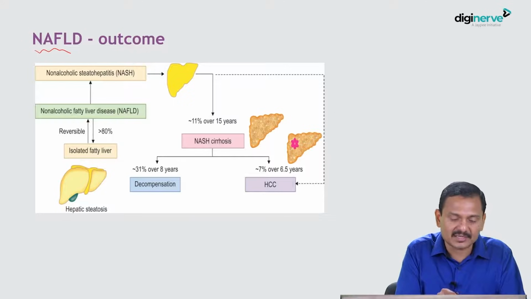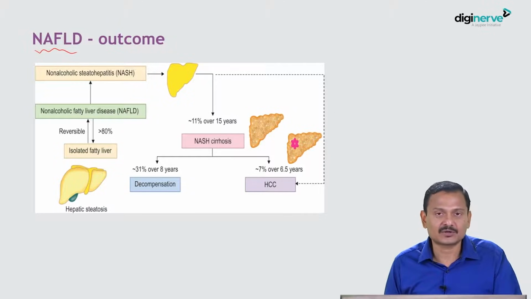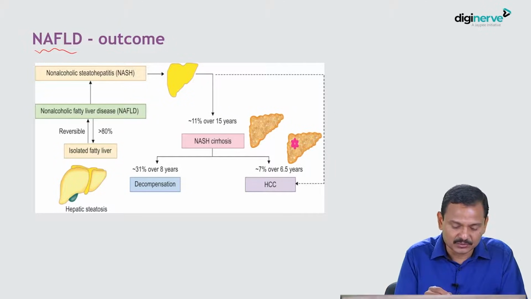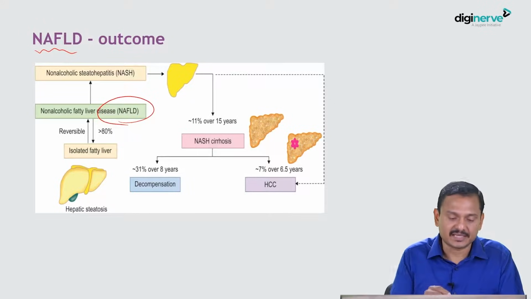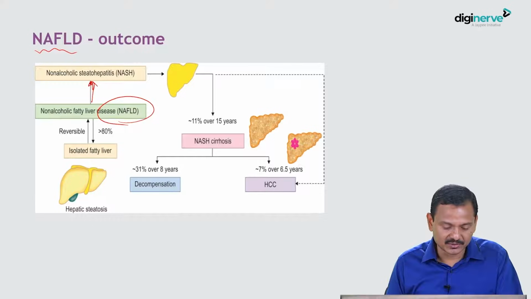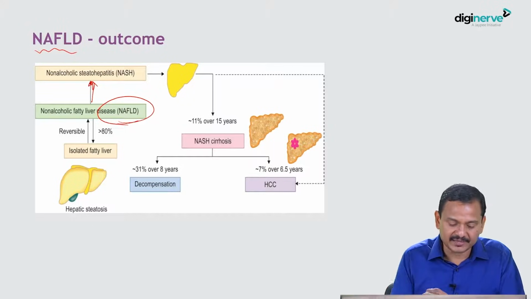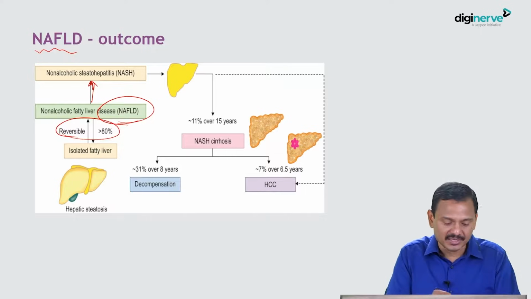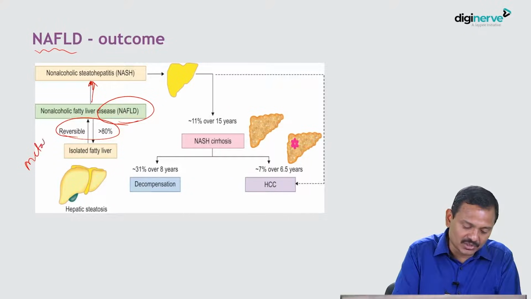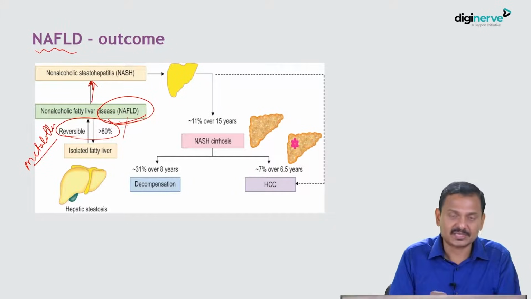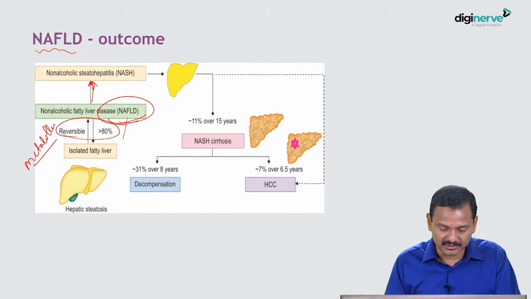Now what is the outcome of non-alcoholic fatty liver disease? NAFLD can progress to inflammation, that is non-alcoholic steatohepatitis. Or NAFLD is a reversible condition that keeps coming and going. If the metabolic syndrome is controlled or taken care of, then this NAFLD will come back to normal.